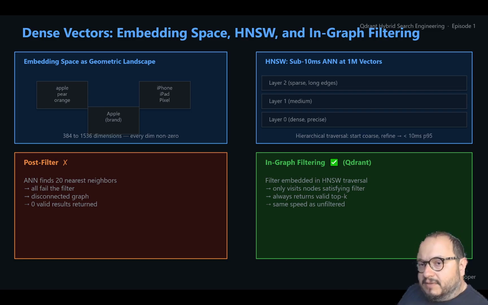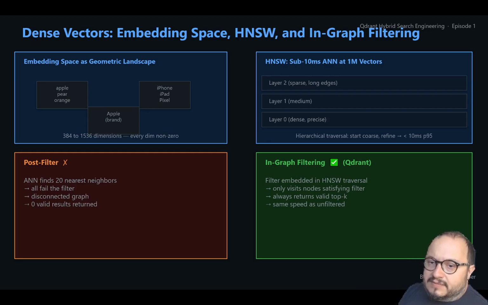But there is a subtle failure mode specific to HNSW that is worth understanding: the disconnected graph problem. If you apply a strict post-filter, say only return results in category X after the ANN search, you might find that the nearest neighbors in the graph all failed the filter. The search terminates without results even though relevant documents exist.